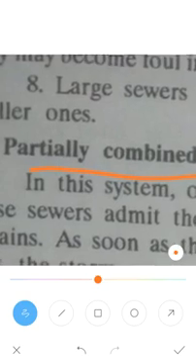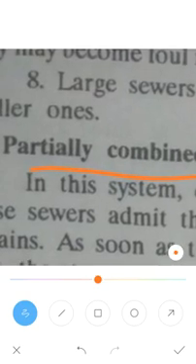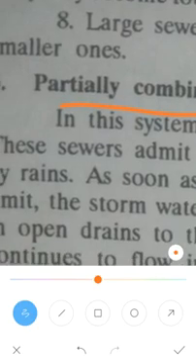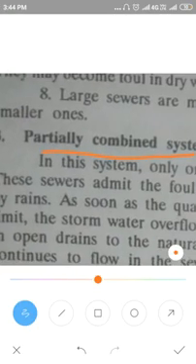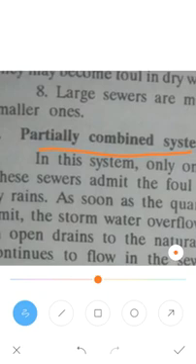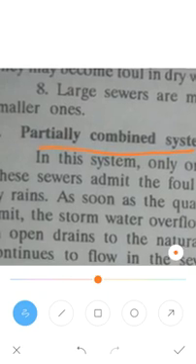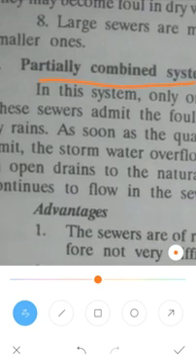There are some advantages as well as disadvantages in this partially combined system, and there are some governing factors also. The governing factors are, one, the financial aspect, and another, the flat topography.